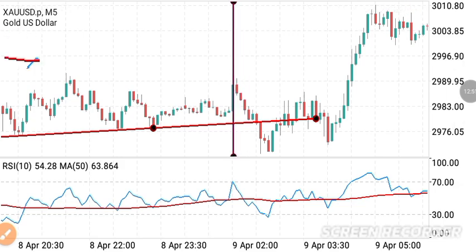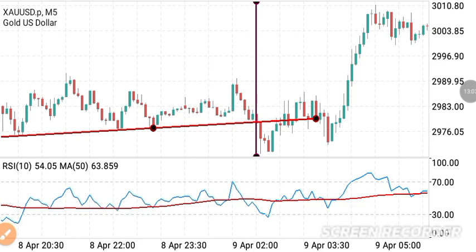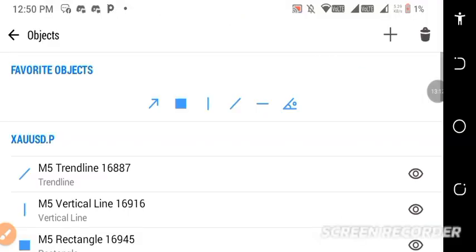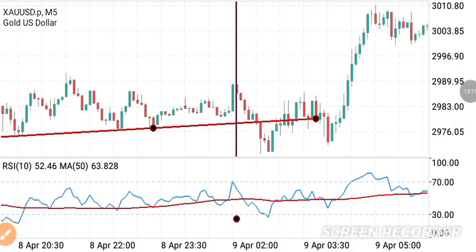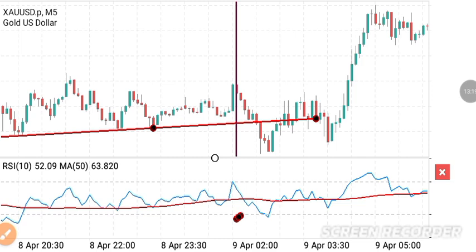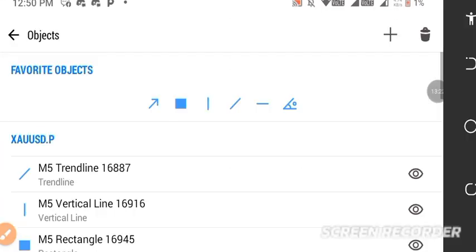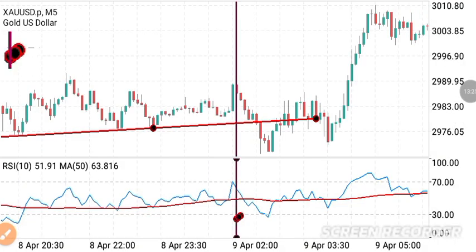So it was having high momentum, and we can look closely at our RSI and confirm it's below the moving average.